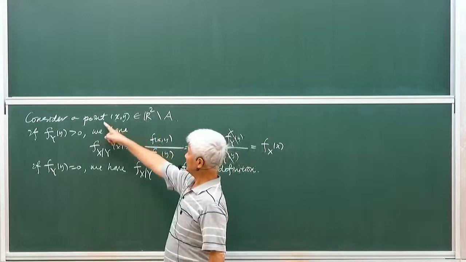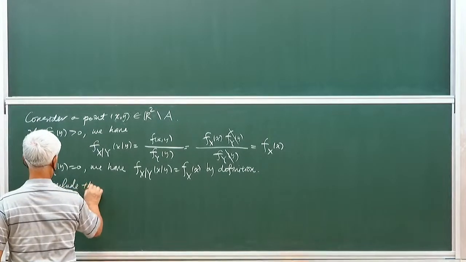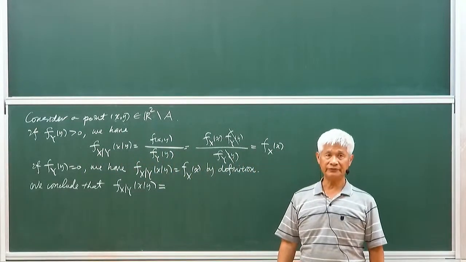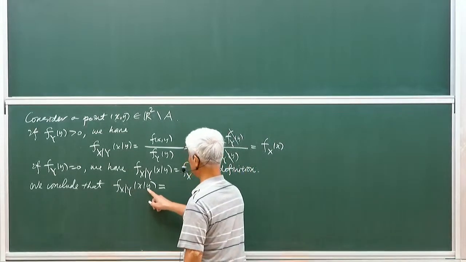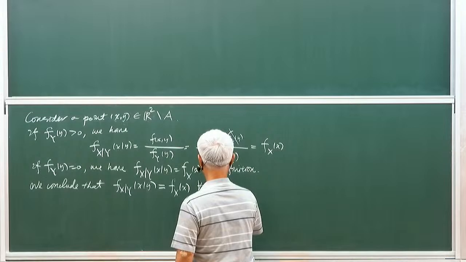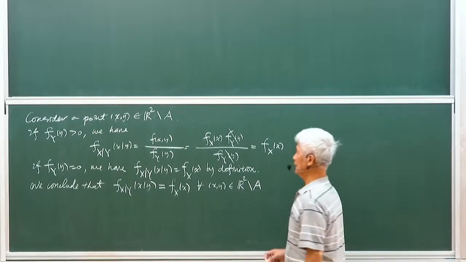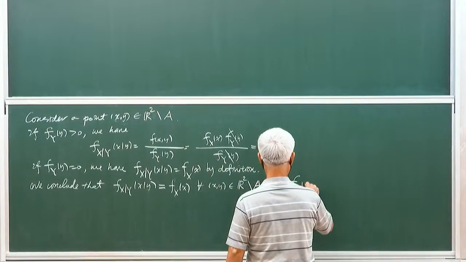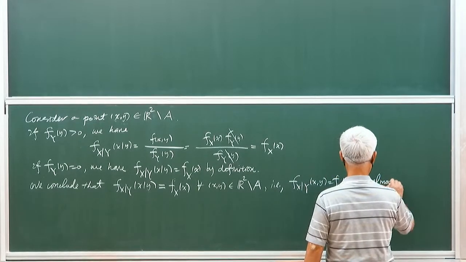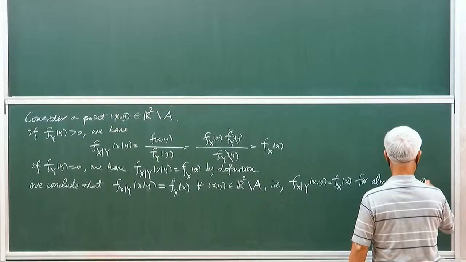So we conclude that the conditional PDF of random variable X given random variable capital Y has value little y is equal to the unconditional PDF for all the points in R squared minus A, which means that the identity is good for almost all xy in R squared.